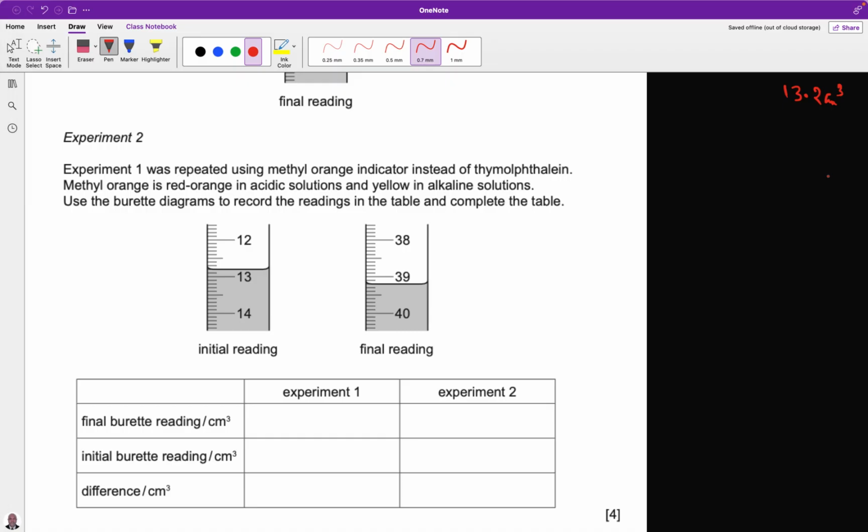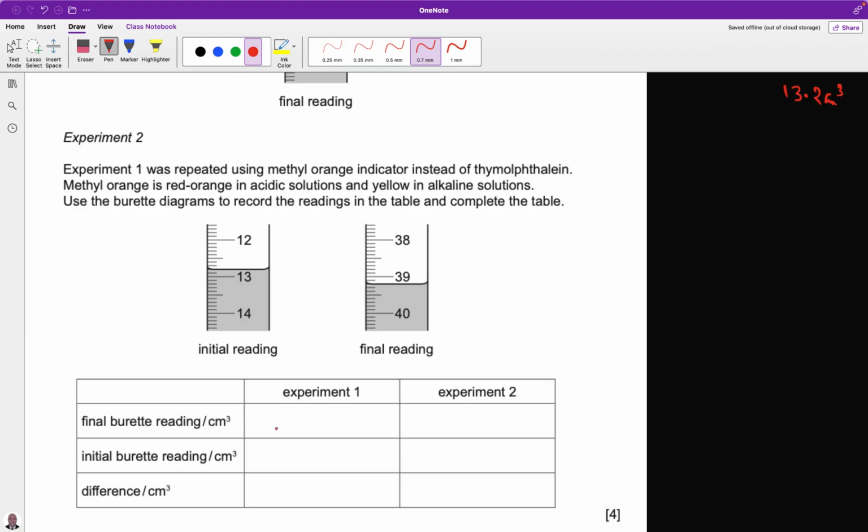Okay. Our initial burette reading here is what? This is experiment 2, the initial and this is the final. Let's go for experiment 1 and fill.